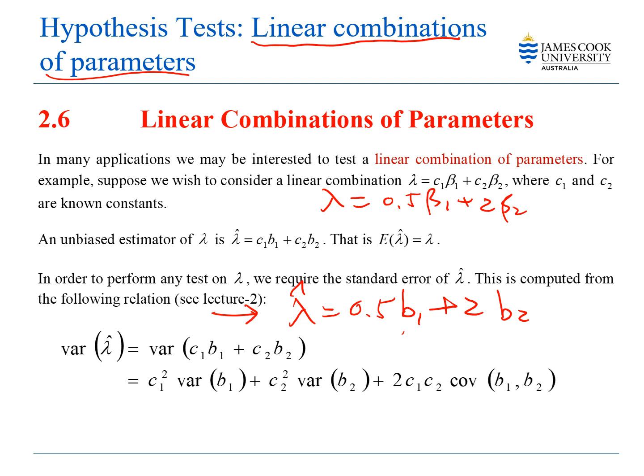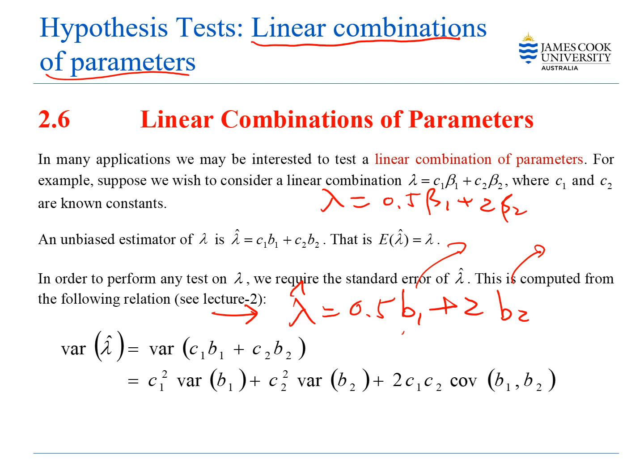We know B1 is normally distributed and B2 is normally distributed, so lambda hat, the sum of two normal random variables, is still normally distributed.